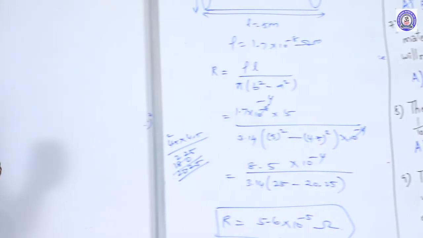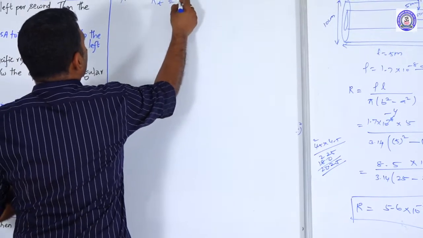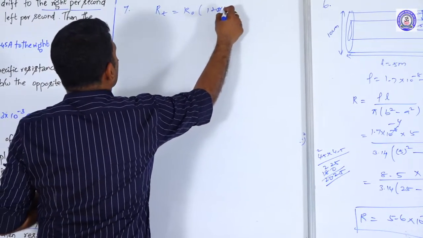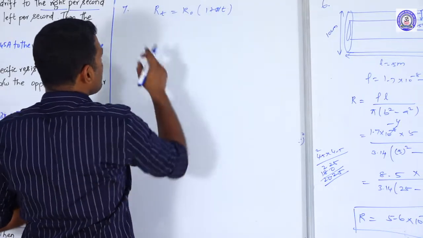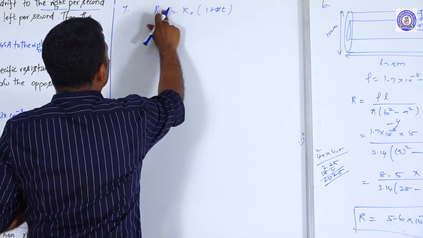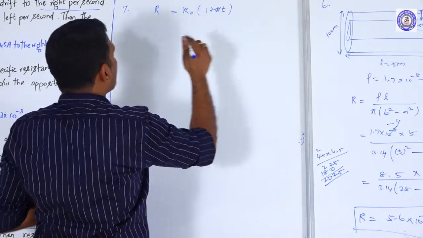This is the question. As we saw, the temperature dependence of resistance is RT equals R0 into 1 plus alpha T. Here we can take the series combination of resistances that will not change with temperature.